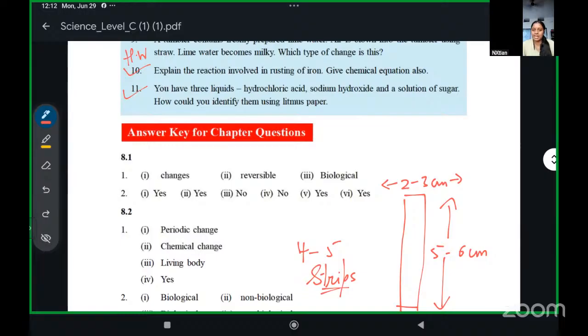You will have lemon, tomato, and maybe detergent powder, and water also. Water, detergent powder, lemon, and tomato. You'll be able to find these things at your home, so no need to buy anything.